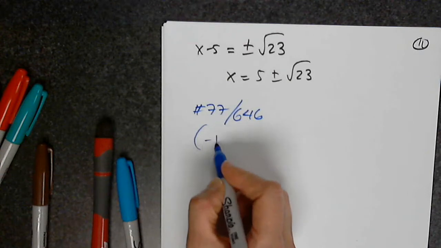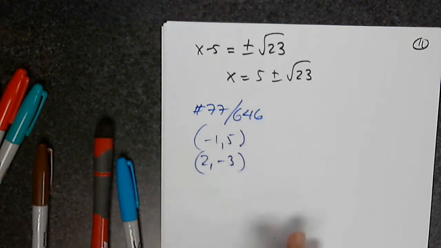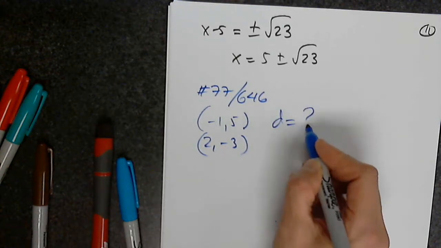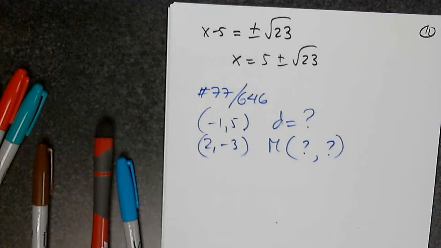We're given two ordered pairs, -1, 5, and 2, -3. We want to find the distance and the coordinates of the midpoint.